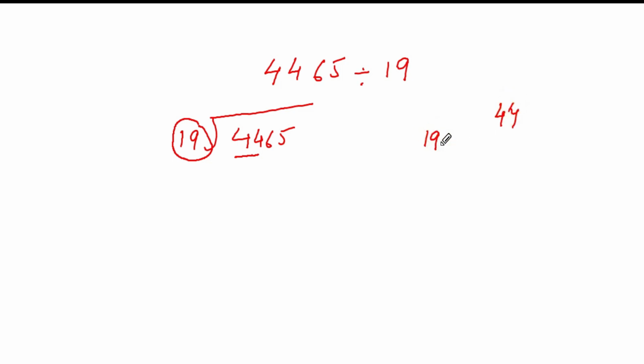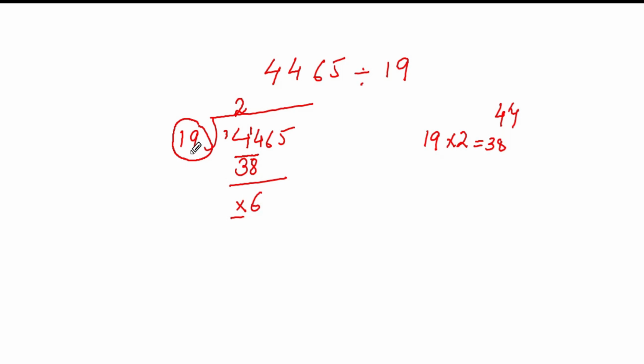So you know that 19 times 2 is equal to 38. Okay, so I can write over here 19 times 2, 38, and then we need to take away: 14 minus 8 will give you 6, and here will be 3 left. 3 minus 3 is 0, so I'm not going to write anything over here.